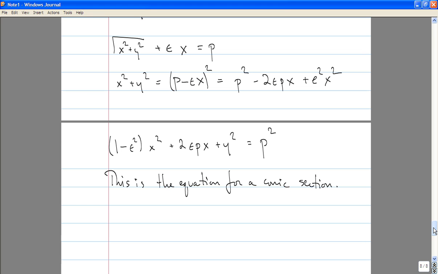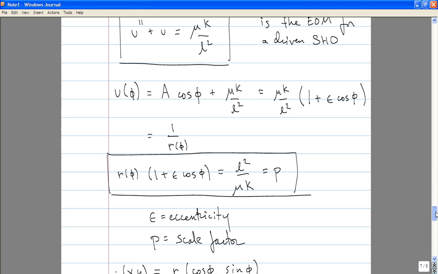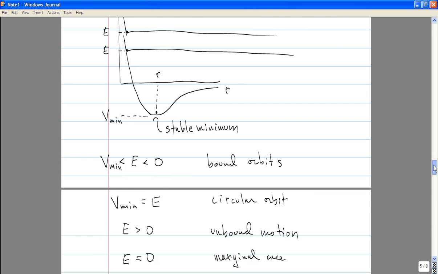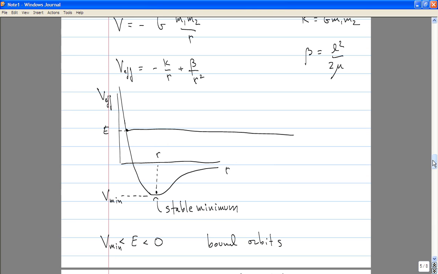So, I should emphasize, let's scroll up and look at this graph of the effective potential. What does this effective potential mean? At very large distances, the effective potential decreases as you move towards the origin. That means that you lower your energy by falling towards the center, right?